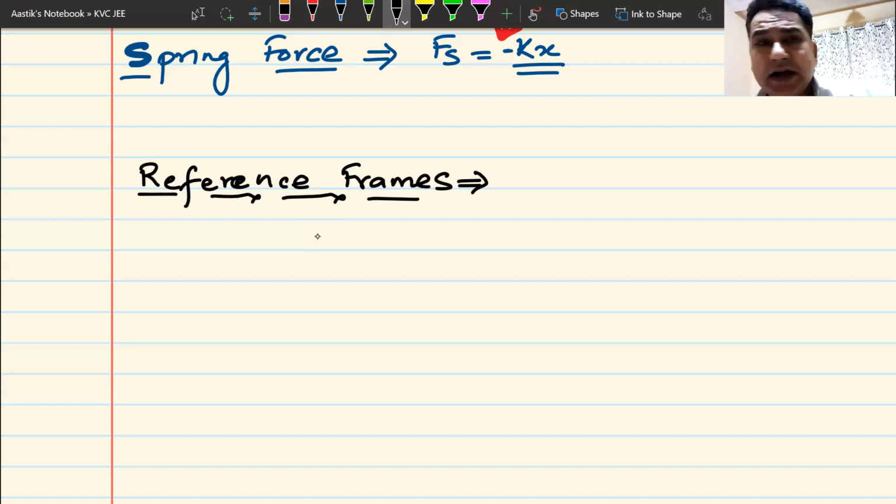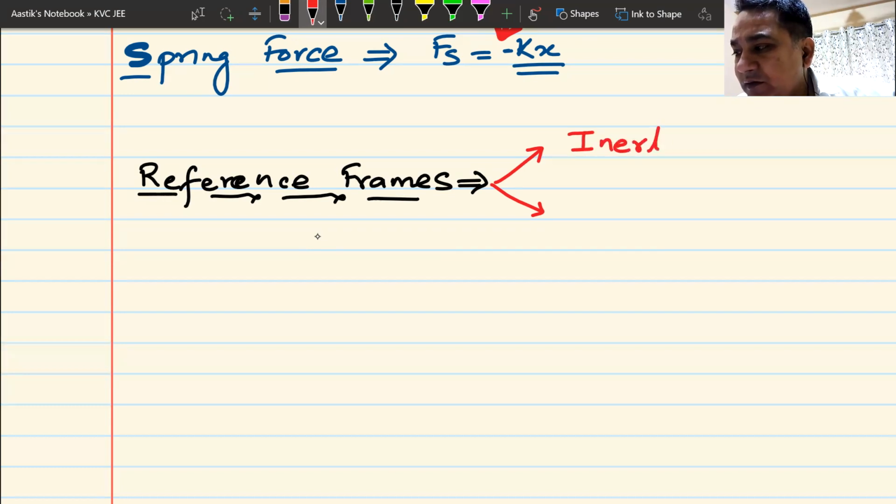What do you mean by reference frames? Anyone has any idea? Now there are two types of reference frames that we are going to do. Anyone can give me any idea what these two types are?